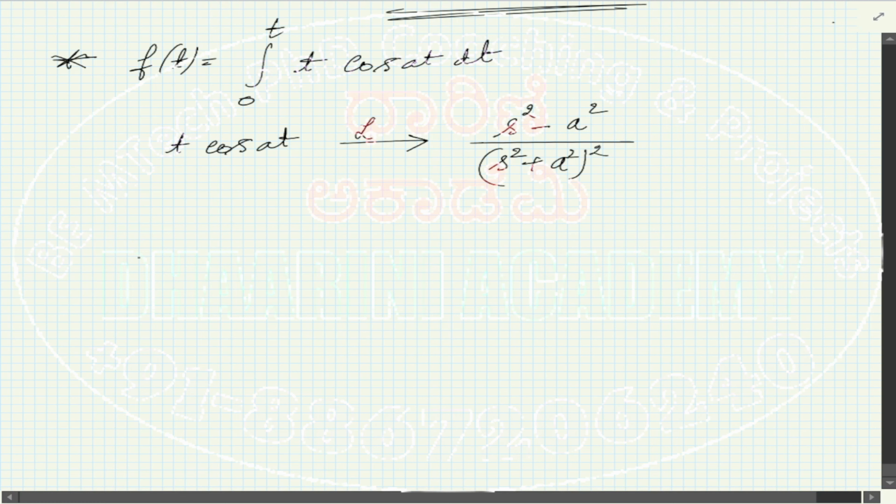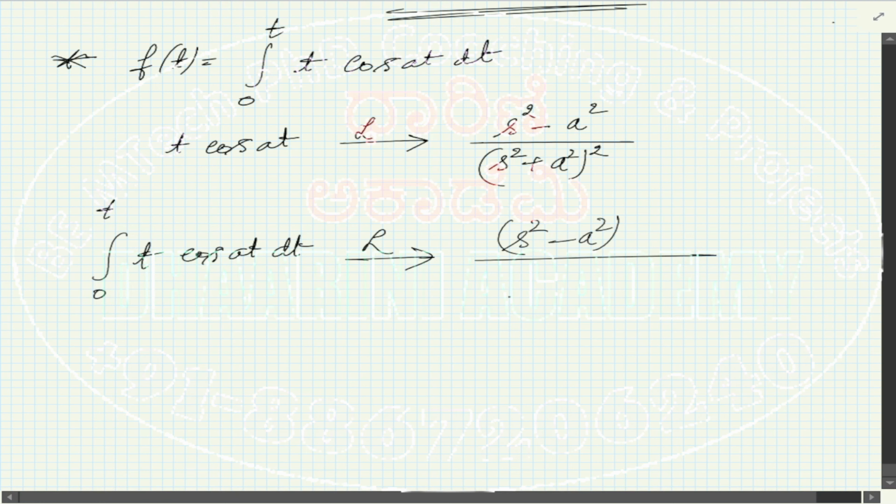Then, if you integrate on the left side, this is integral 0 to t of this function t cos at dt. What happens to the right hand side? You divide the function by s. So s square minus a square whole divided by s into s square plus a square whole square is the final answer.